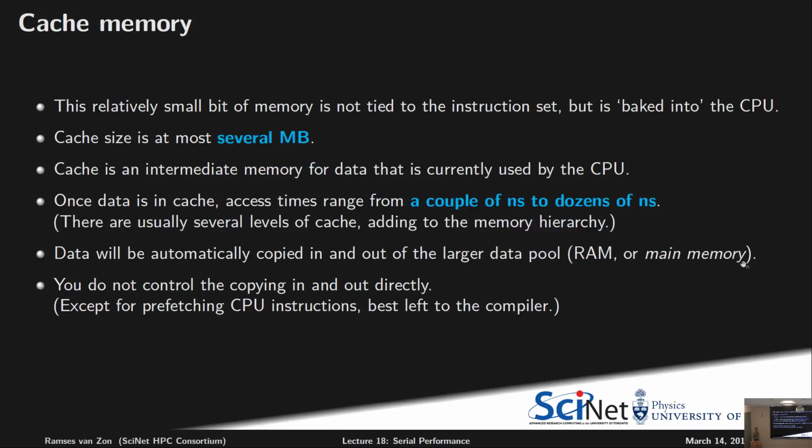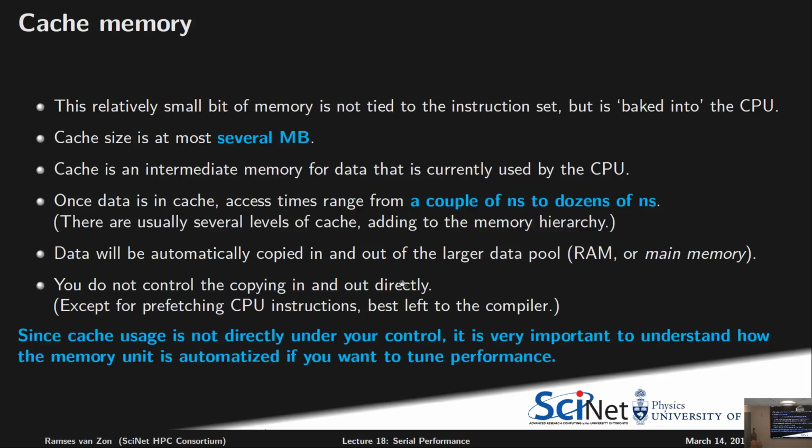Now, if you have a computer that has gigabytes, how does it use those gigabytes? Well, it copies something from those many gigabytes into cache. So it's an intermediate memory. And it's all automatic. You do not control any of the copying in and out. You can give some hints, but you don't copy out or in these things. And that makes it even more important to understand how it works.